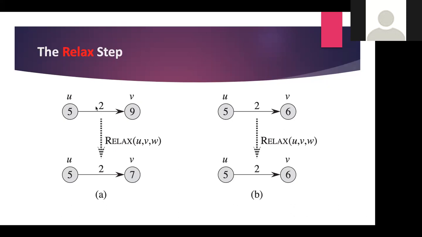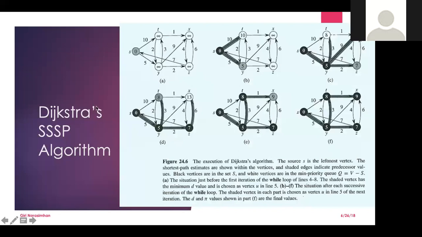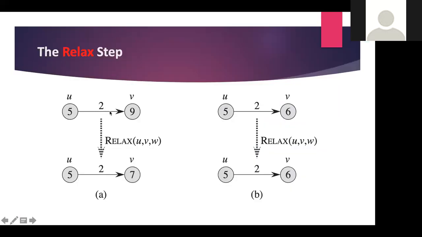If this were -2, what would happen when you relax? What do you think this value is going to be? Wait, you said it was -2? Yeah. 3? So it would become 3, because 5 minus 2 would give you 3.